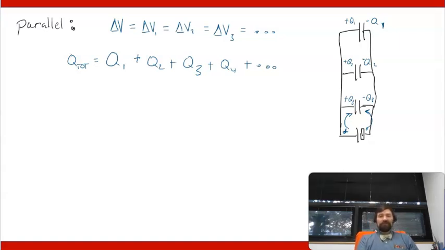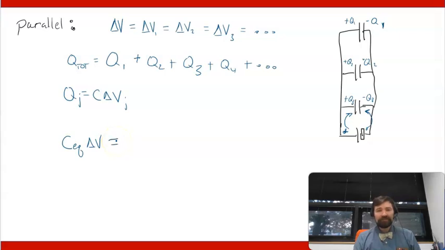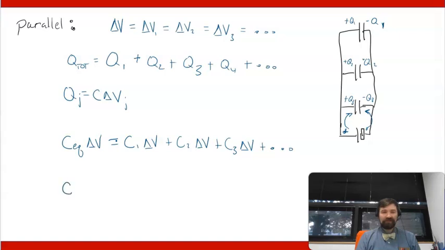Okay, well, again, using the fact that Q is equal to C times delta V, or in other words, that C is Q over delta V, it follows that the total would be C equivalent times delta V is equal to C1 delta V plus C2 delta V plus C3 delta V plus etc. And so that means that we can divide out a delta V from all of the terms.